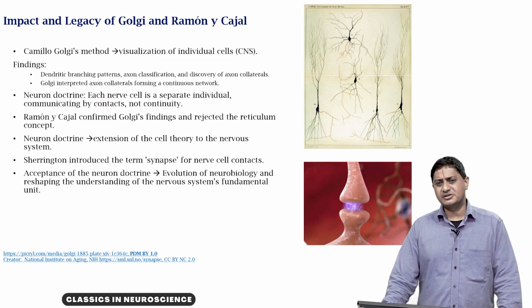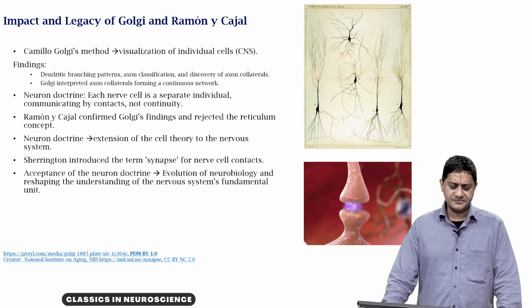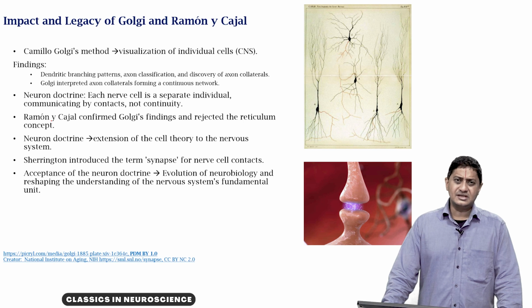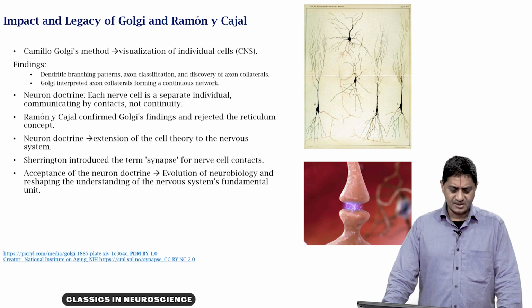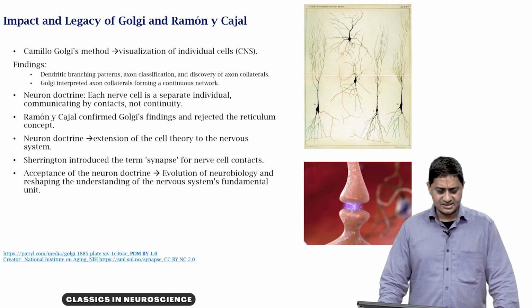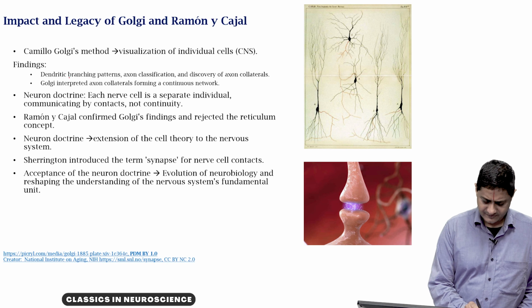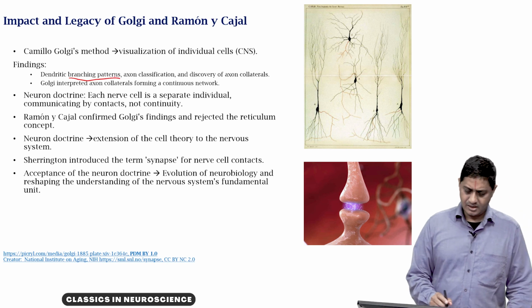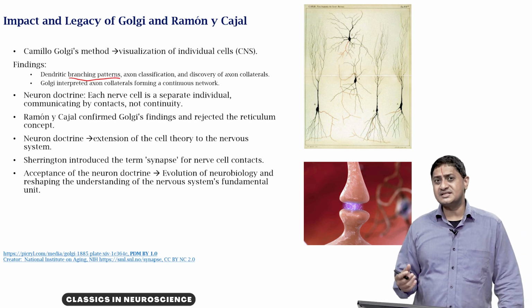The light microscopy method was improved by Camillo Golgi, who provided a method of impregnation that helped improve visualization of the individual cells in the central nervous system. He interpreted correctly that there were dendrites that were branching, and the branches of these dendrites ended freely.